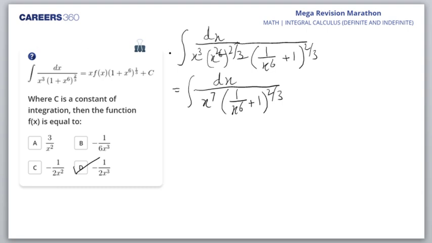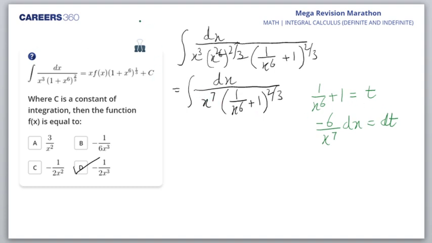Now I'll make the substitution. The substitution is: 1 by whatever is inside the fractional power, 1 by x raised to power 6 plus 1, I'll put as t, and then I differentiate both sides. What do I get? I get minus 6 upon x raised to power 7 dx is equal to dt. Now x raised to power 7 is present here.